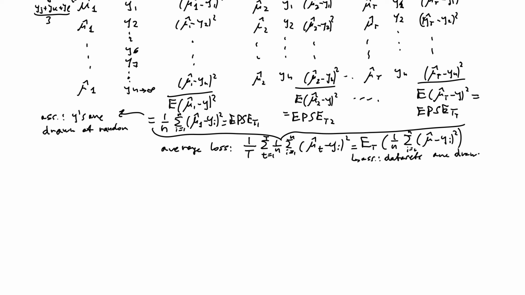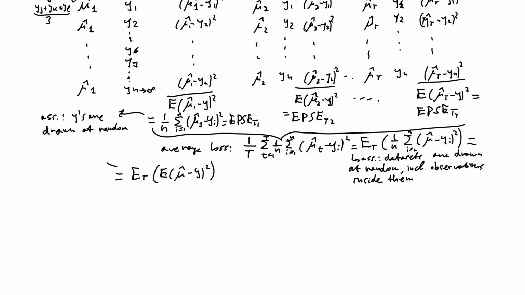Since the y's are drawn at random, the average over y is the expected value over y, and the same goes for the training sets. The summation 1 over t of the sum for t from 1 to t of the expected prediction squared error loss for all the training sets is just the expectation over training sets of the expected prediction error. So just the average.